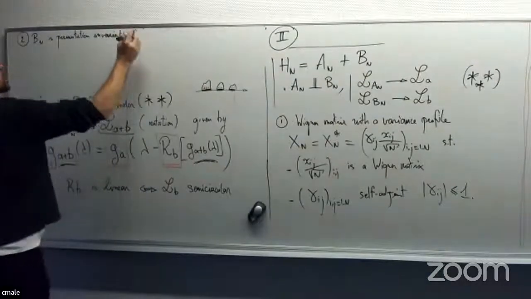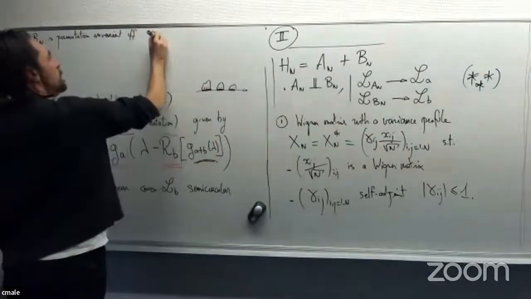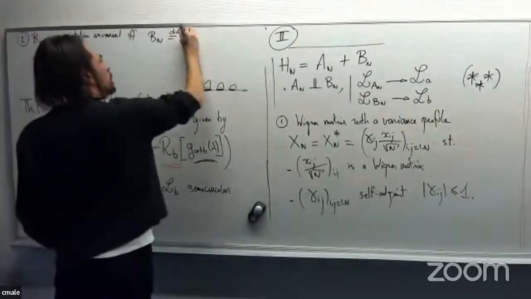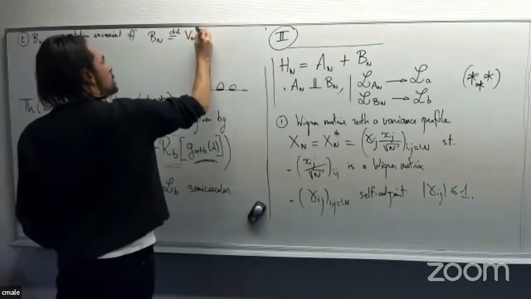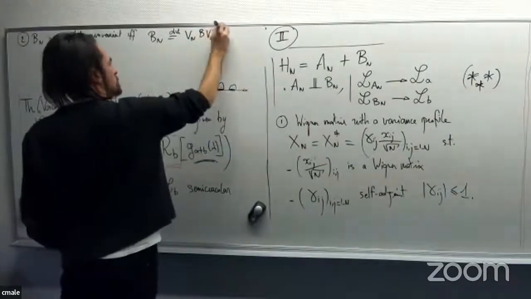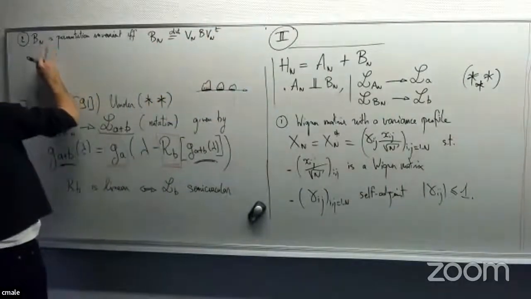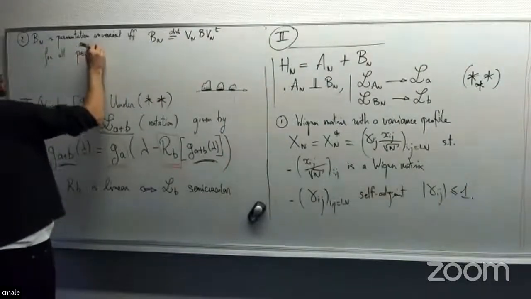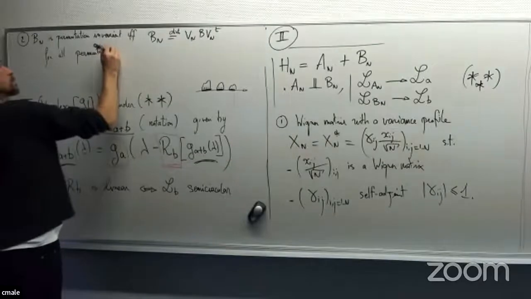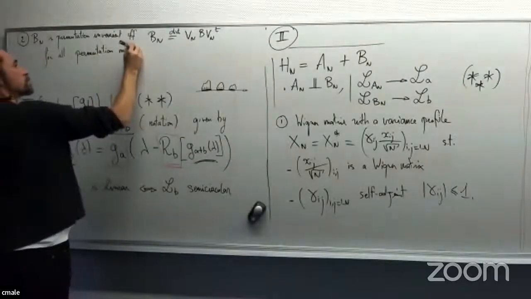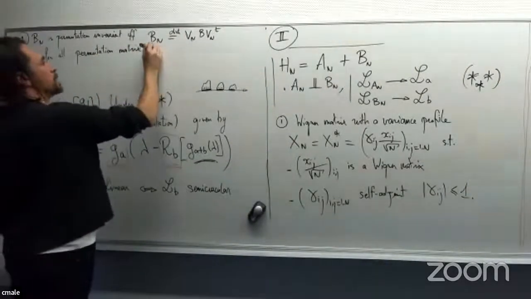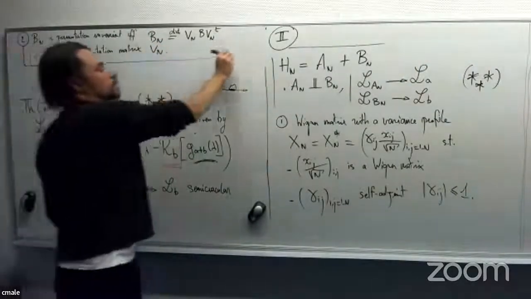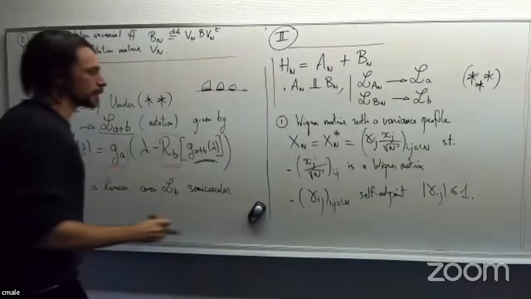if B_n equals in distribution V_n B_n V_n transpose for all permutation matrices V_n. Okay.